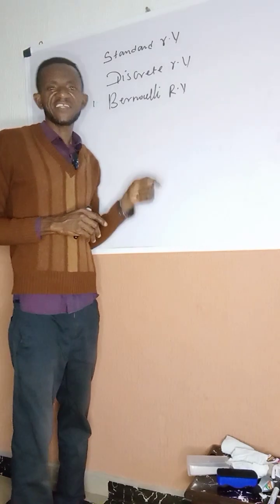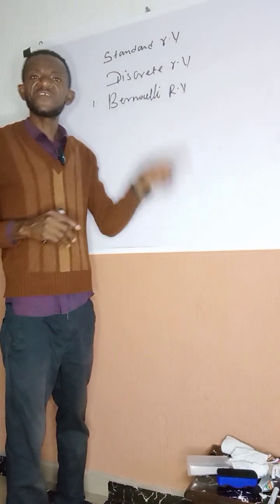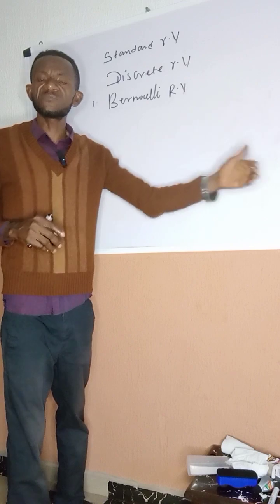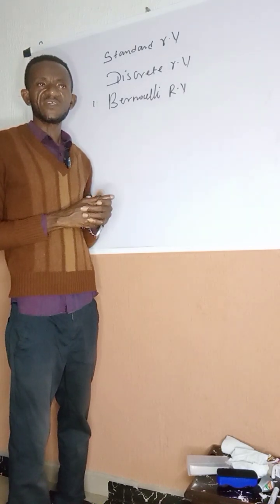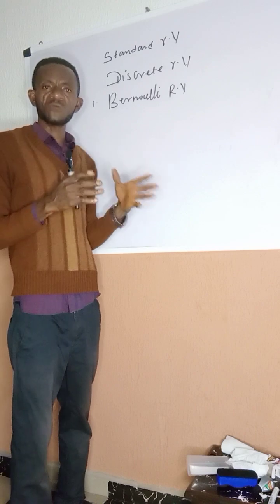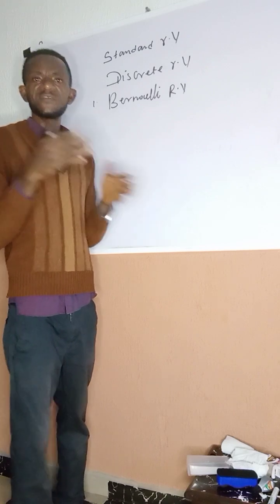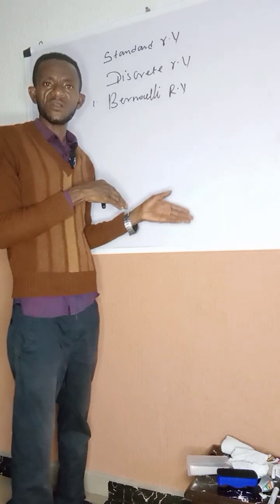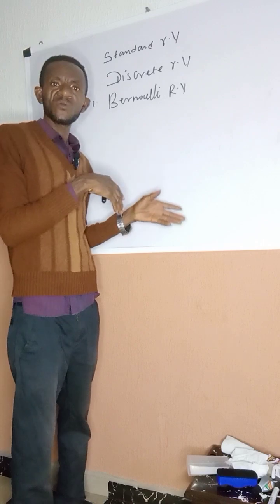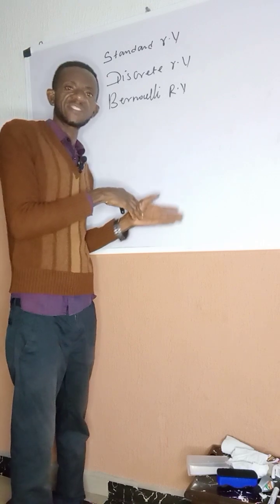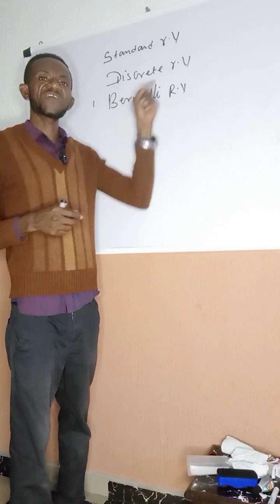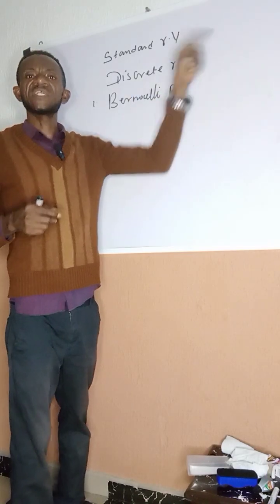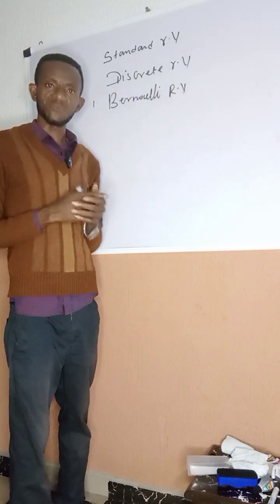Then we say that random variable X follows a Bernoulli distribution or a Bernoulli trial. These two possible outcomes could be success or failure, yes or no, defective or non-defective, and the rest of them. We now say that such a random variable X follows a binomial distribution.